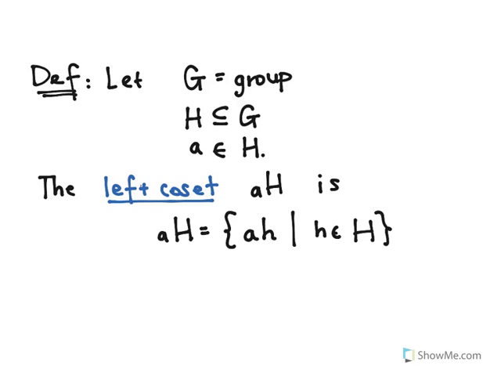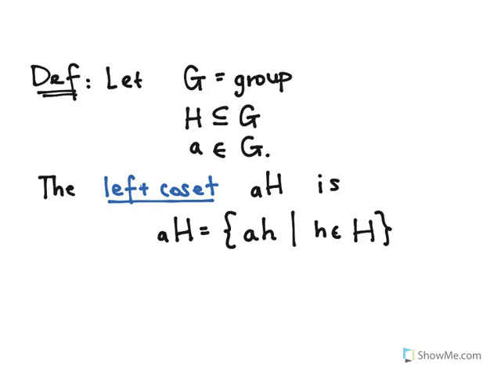In general, let G be any group, and let H be any subset of G. In practice, in most of the examples we're looking at, H is going to be a subgroup, but it doesn't have to be for this definition to make sense. And finally, let little a be some element of... Sorry, there was a typo there at first.